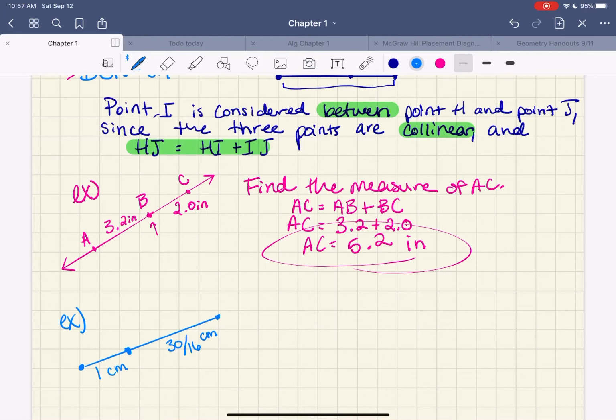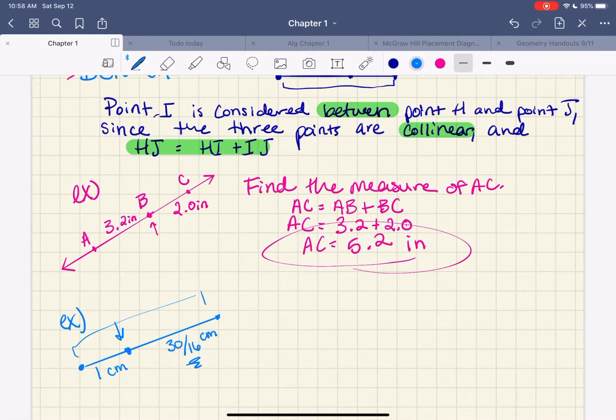All right, this one doesn't label our points, but we can see that that point right there is between the two endpoints. And so if I add up those two segments, I should be able to figure out what the whole segment length is.